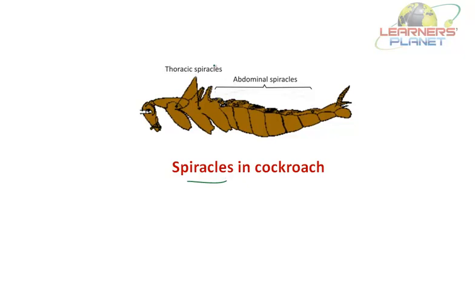So here you can see there are some pair of spiracles called thoracic spiracles. And the back portion of this cockroach has some small openings called spiracles. They are termed as abdominal spiracles because they are located at such position. So they are termed as thoracic spiracles and these are termed as abdominal spiracles in cockroach.